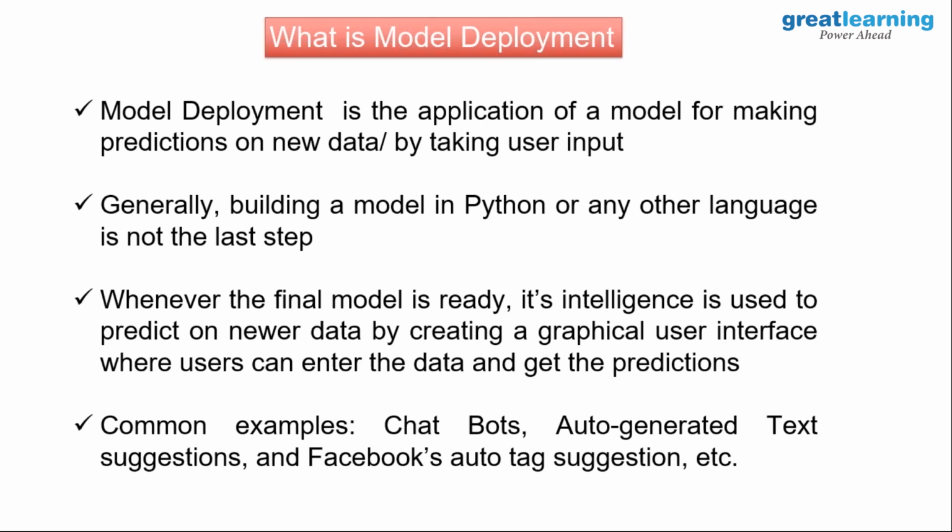So ideally speaking, the key requirement for a model to be deployed is to get those user interfaces, right? Why do we require these user interfaces? Because through this interface we will take the user input. What are these user inputs? These user inputs are related to the features or the variables which were available in the training data set, and using those features we have built the model.